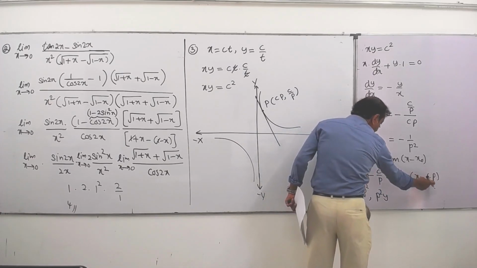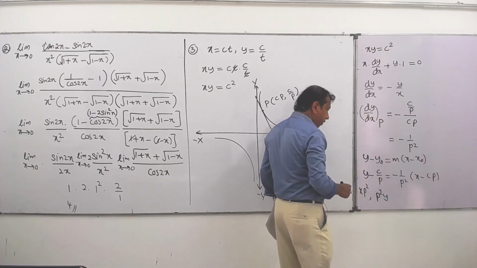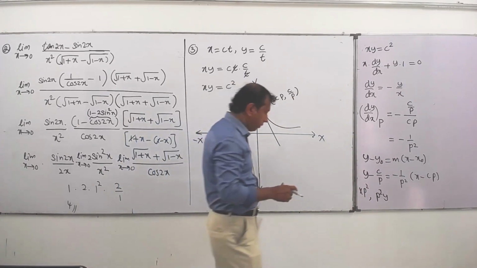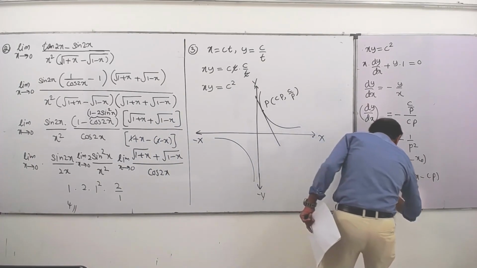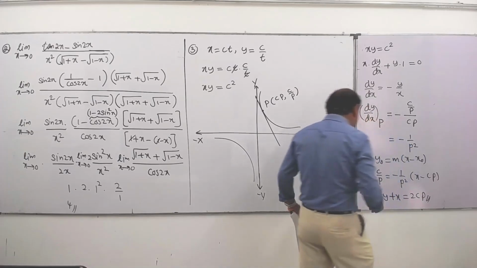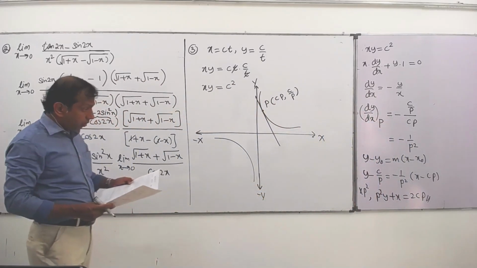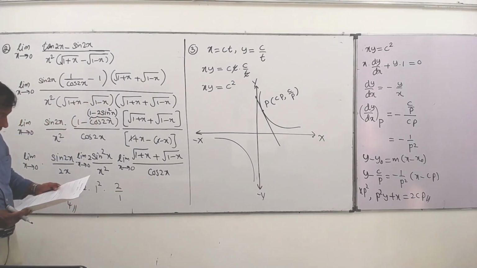Take this minus pc to the right hand side, another plus pc, pc and another pc, 2pc. When I multiply this by p squared, we get minus y, take that to the left hand side. Then we get p squared y plus x equals 2cp is the equation.